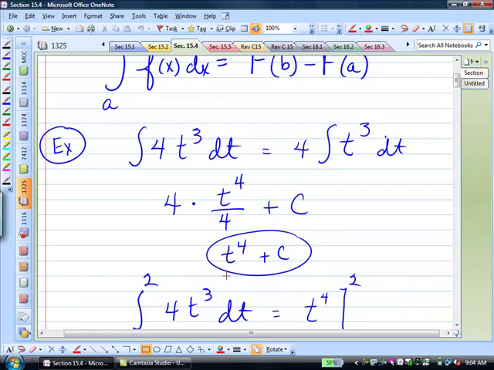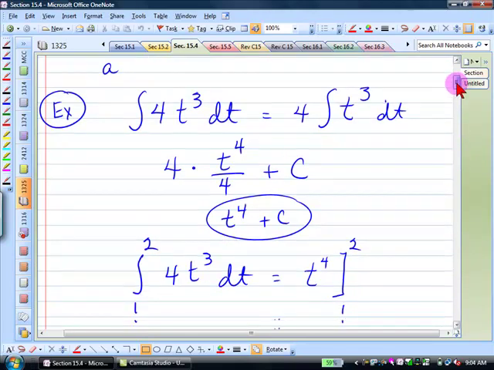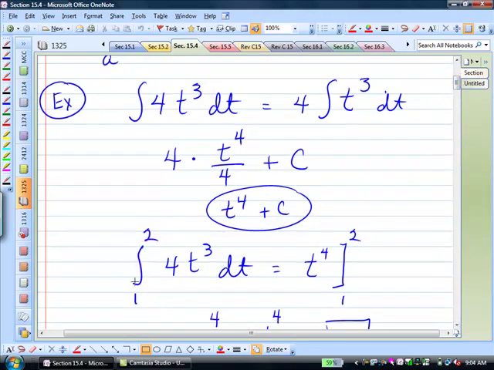Well, now we're going to have some that are different. So I'm going to do that same problem with limits. From 1 to 2, I want the integral of 4t cubed dt. I've already done the work to get the integral. It's t to the 4th. But now I write this little bracket thing over here and put the lower limit on the bottom, upper limit up here. So this is t to the 4th evaluated from 1 to 2.